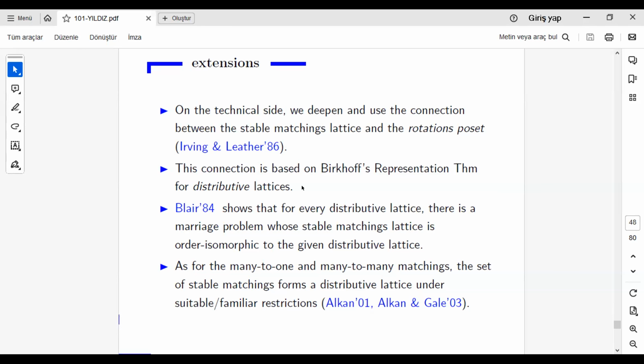I will go over the second bullet here as a main comment.